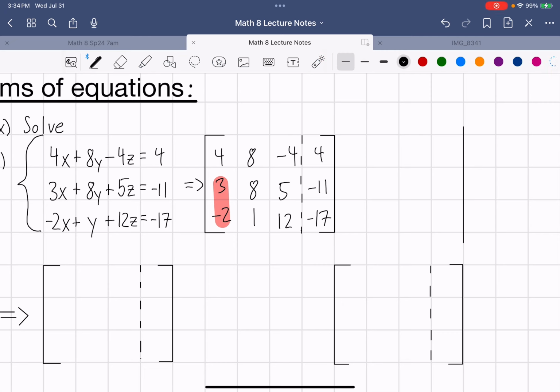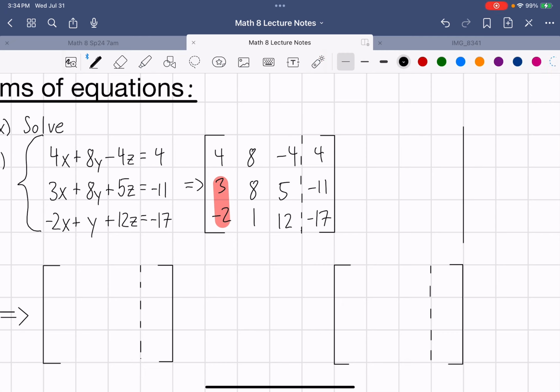So I'm no longer going to have this exact same row. And I need to add this with my first row to give me my new row 2. Because this is going to be different, because if I need this to be 0, that's going to impact all these other values in that row.